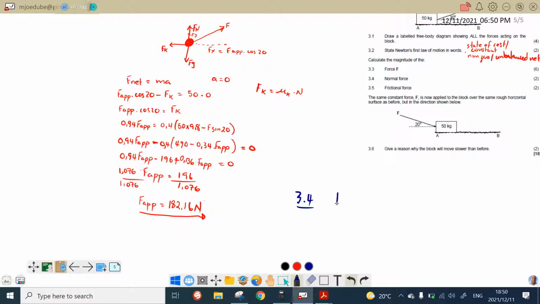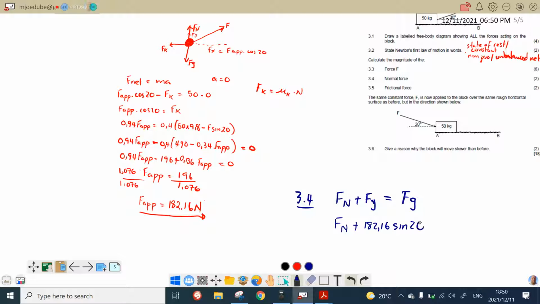Fn plus the vertical component is going to be equal to Fg. The Fn is what you are being asked to calculate, that's the normal force, plus the vertical component, which is equal to the force applied times sine 20. So the force applied is 182.16.